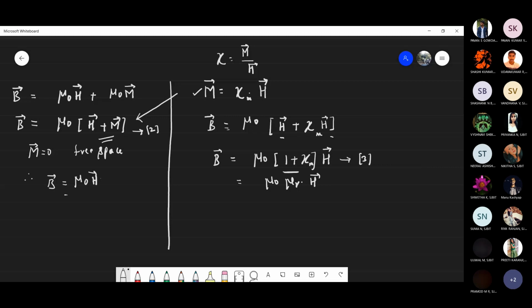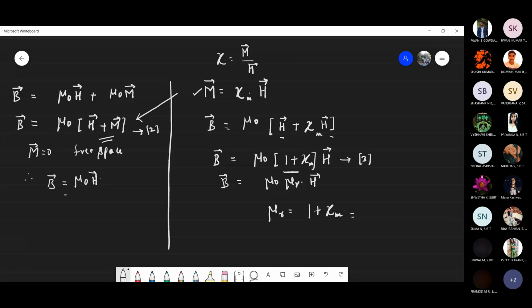So can I equate this 1 plus psi M to mu R? Yes, sir. So now, what is mu R? Mu R is relative permeability. Mu R is equal to 1 plus psi M.